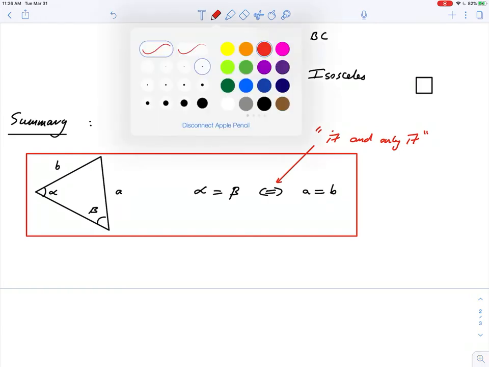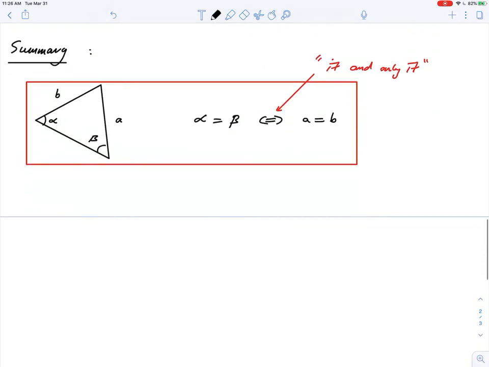So what I want you to do now is to go to your workbook, example. So go to your workbook L119 and try questions 1, 2, and 3. So you should pause the video and make an attempt to do all of these.